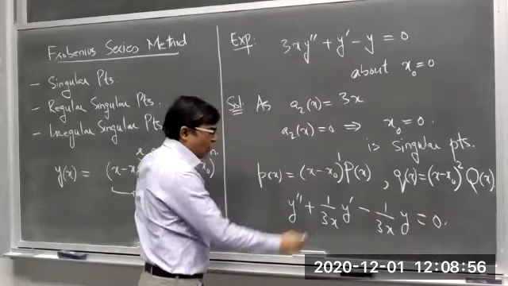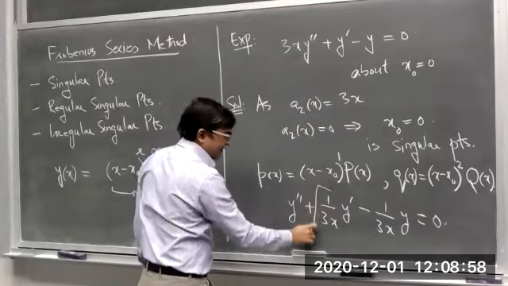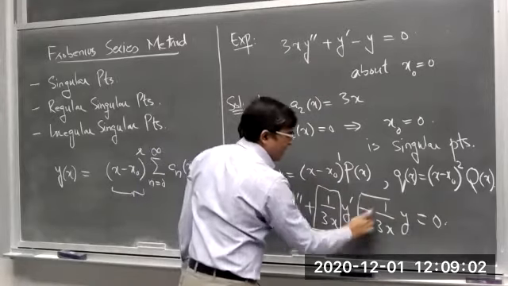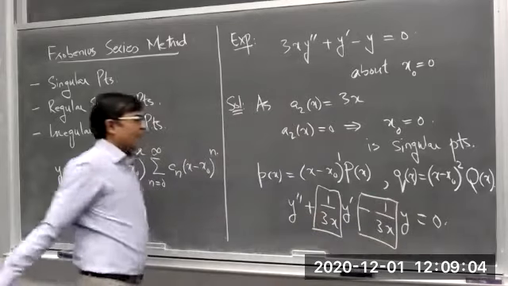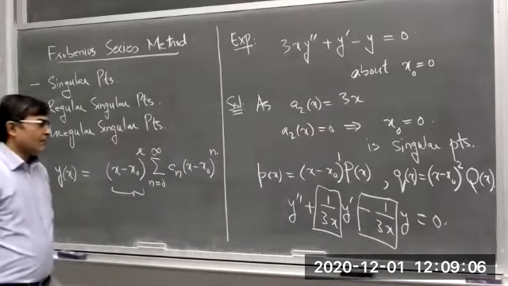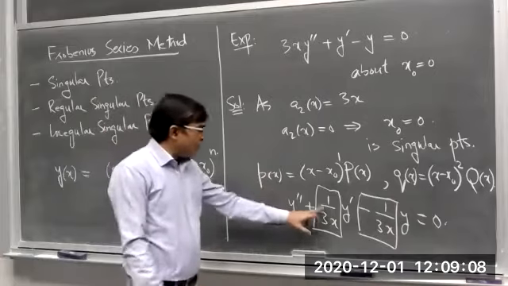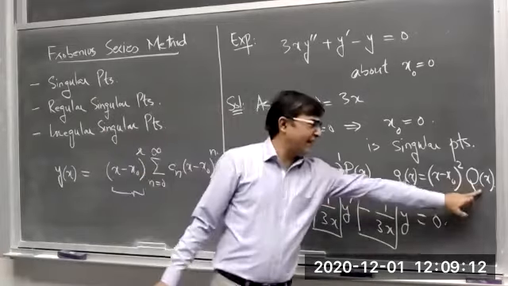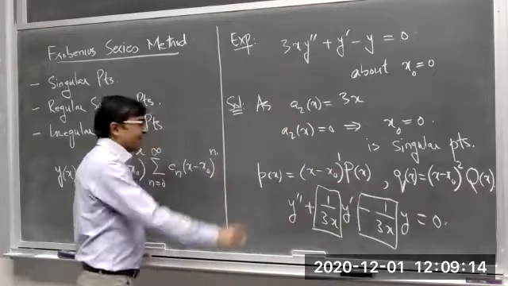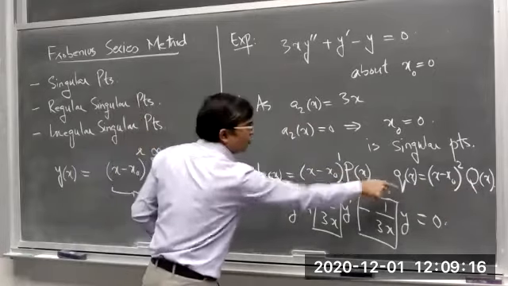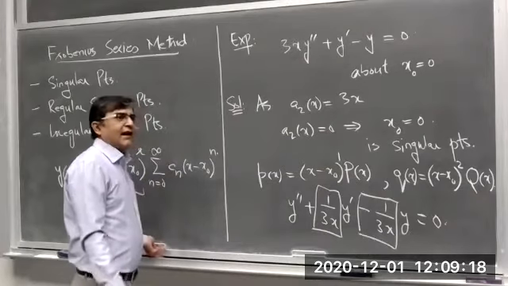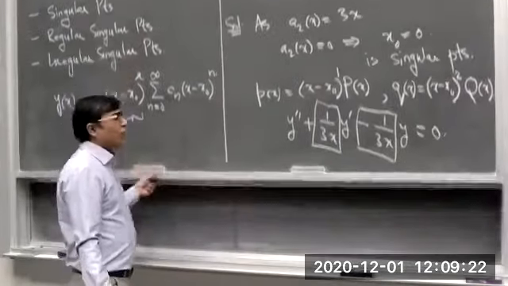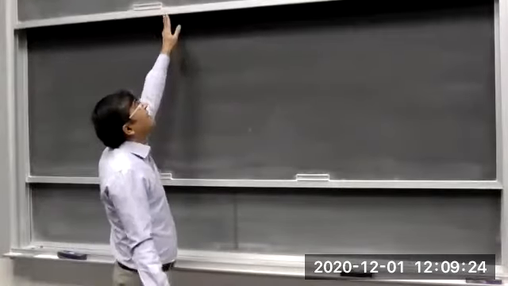Now the coefficient of y dash is capital P of x, and the coefficient of y is capital Q of x. Now we put the values of capital P of x and Q of x here, and then we check whether these two functions are continuous and differentiable, or analytic or not.